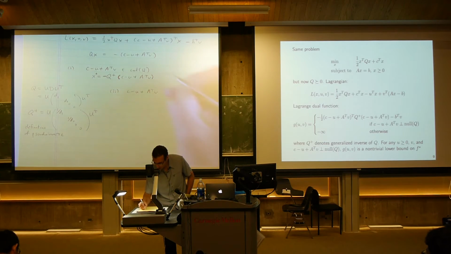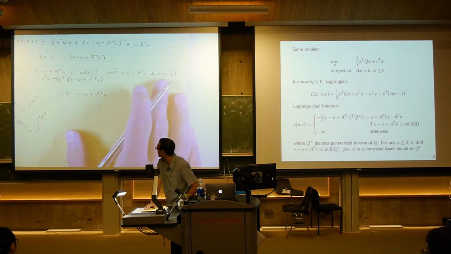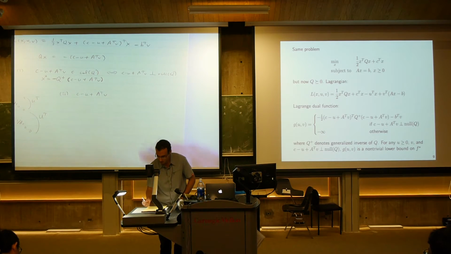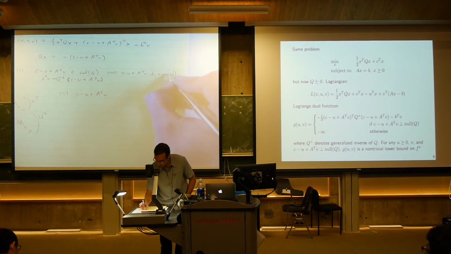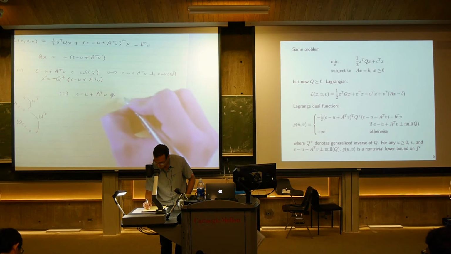So I can rewrite this as: C minus U plus A transpose V is orthogonal to the null space, because the column space and the null space are orthogonal complements for a symmetric matrix. The second case is that it's not orthogonal to the null space, which means some piece of it lies in the null space.